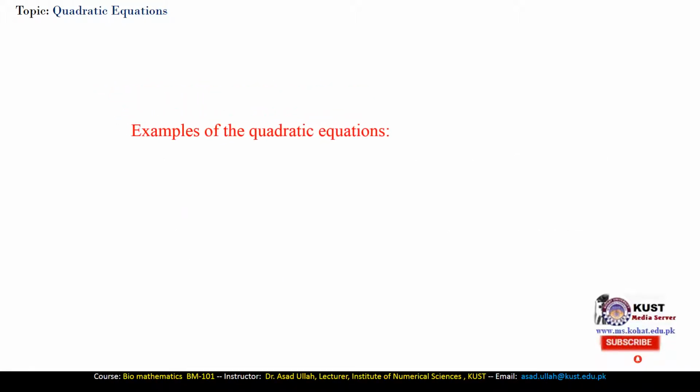Examples of quadratic equations. In example 1, 3x square plus 4x plus 1 is equal to 0 is the quadratic equation written in the standard form. This equation is quadratic, so we can find the coefficients a, b and c. Comparing this equation with the general form of the quadratic equation, we get a is equal to 3, b is equal to 4 and c is equal to 1.